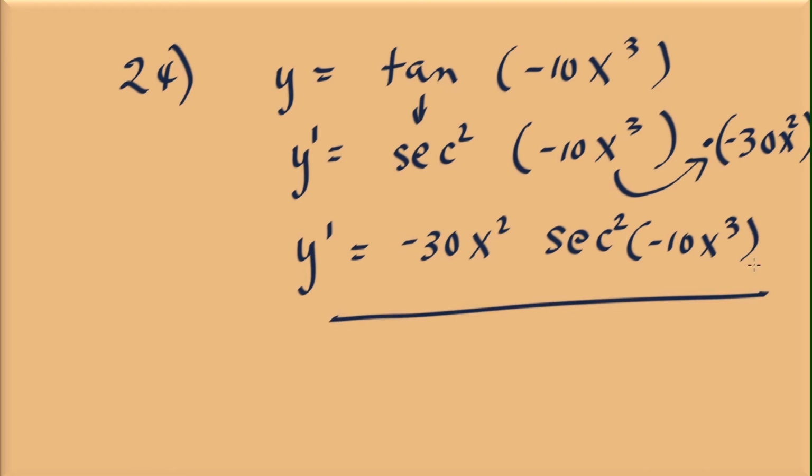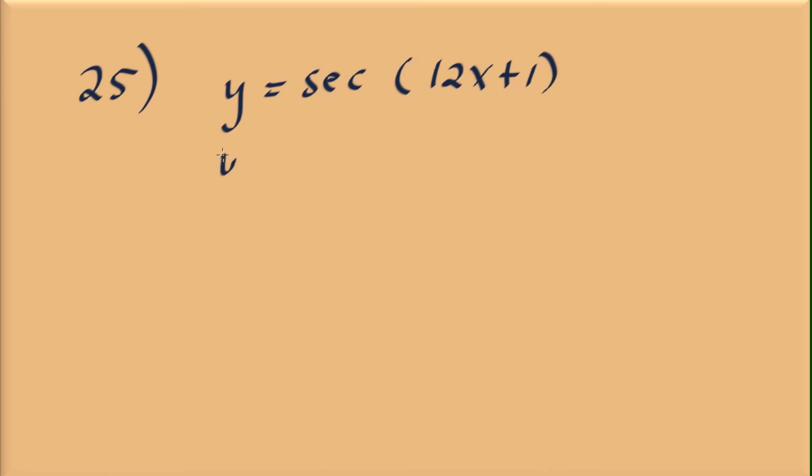Okay, number 25. What about if we have a secant of 12x plus 1? What is the derivative? Okay, so again, the derivative of secant is secant tangent. So we're going to copy this angle twice.